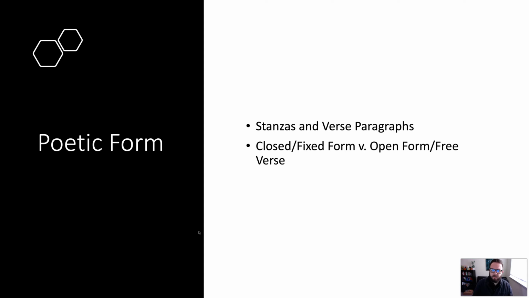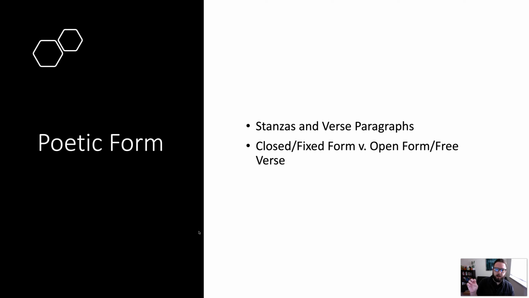I wanted to start by talking about the building blocks of poetic form, particularly stanzas and verse paragraphs. Stanzas are collections of lines of poetry. They are blocks of lines of poetry. More often than not, especially in older poems, we see stanzas grouped together regularly.